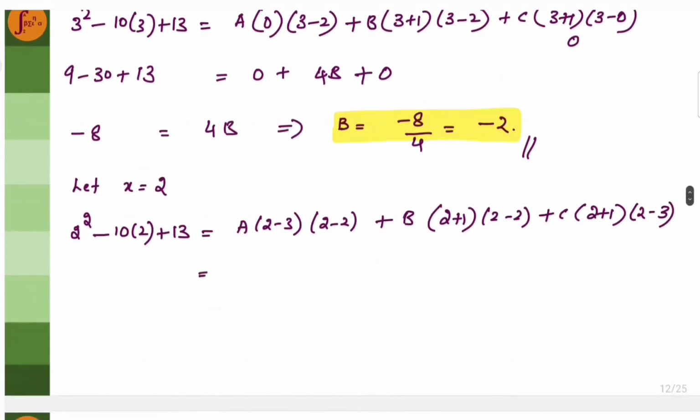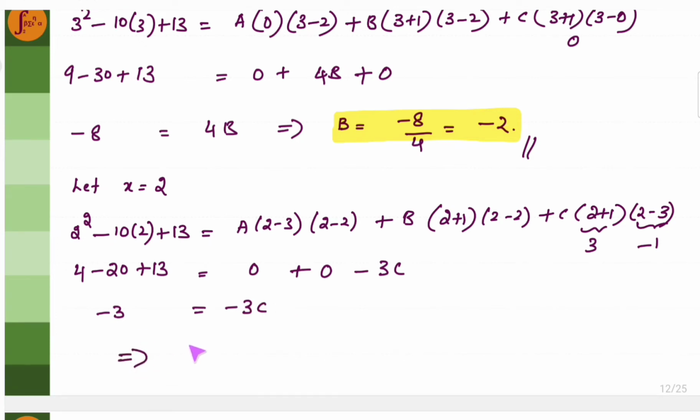So on solving this, we'll get 4 minus 20 plus 13, we'll get minus 3. This will be 0, this will be 0, minus 3c. This will be 3 and this will be minus 1. So minus 3c. Minus 3 is minus 3c. This is nothing but c is equal to minus 3 by minus 3. c is equal to 1.